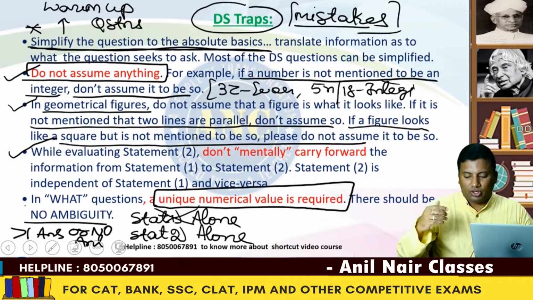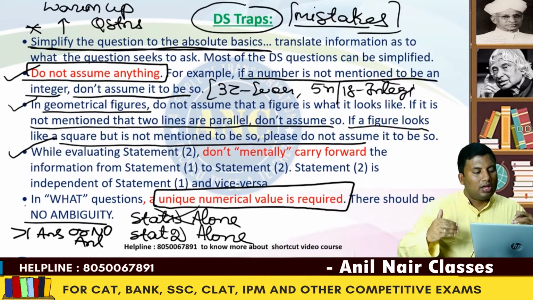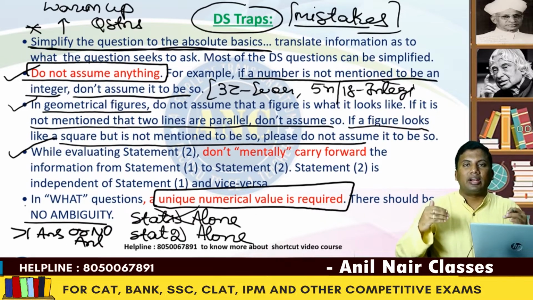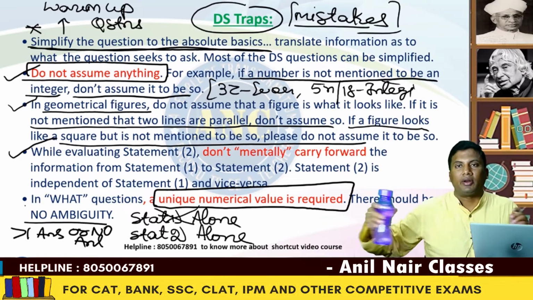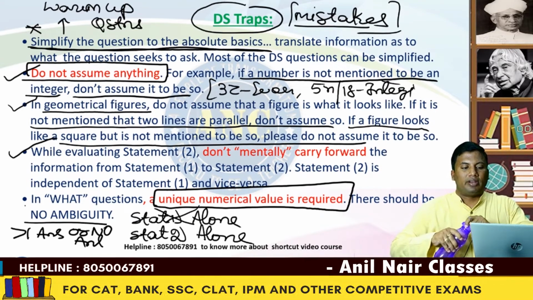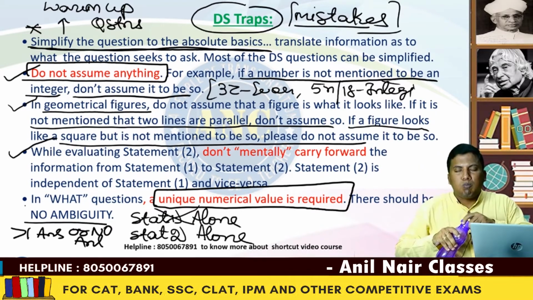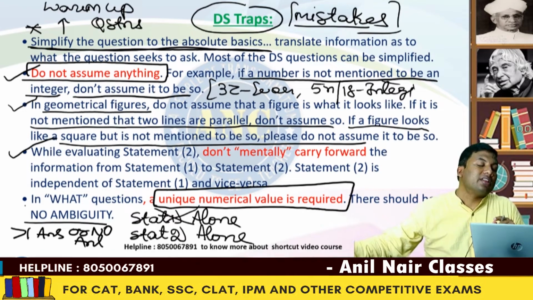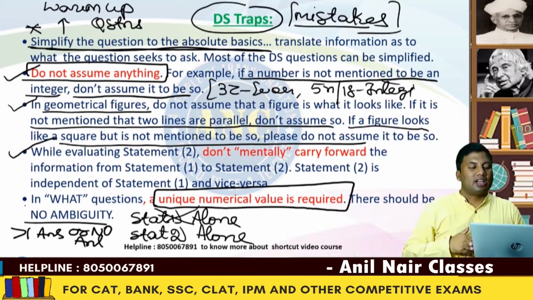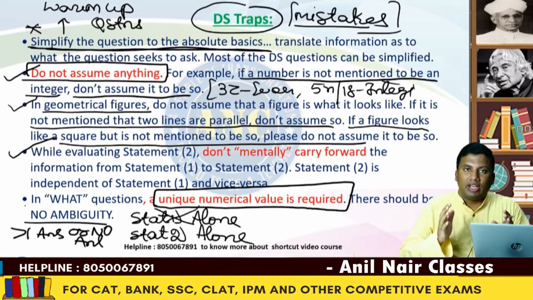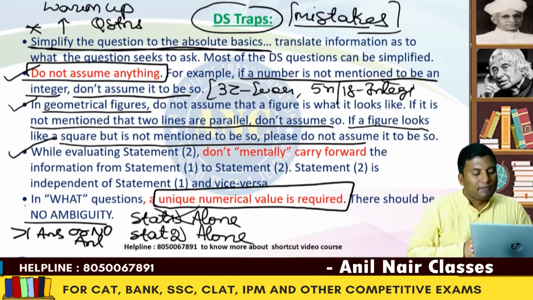What are the traps? Just read one by one, because all the tricky questions I am going to solve right now. If a figure looks like a circle, if it is not given that it is a circle, you will not take it as a circle. No assumption. If nothing is mentioned, the variable is a real number.